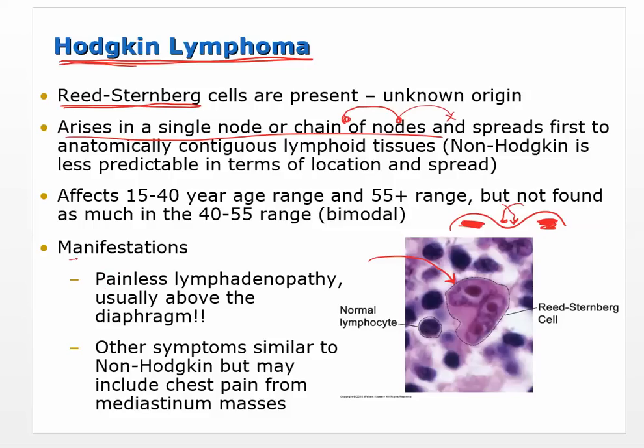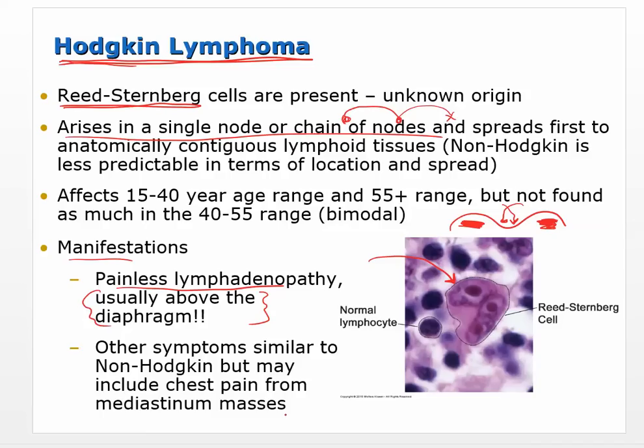Okay, so manifestations: painless lymphadenopathy, and this is another difference. It's usually above the diaphragm. The lymph nodes that it affects are usually above the diaphragm. Sometimes in older men, it can be found in the groin area, but generally it's above that. Other symptoms are similar to non-Hodgkin, but the Hodgkin may include chest pain from mediastinal masses.